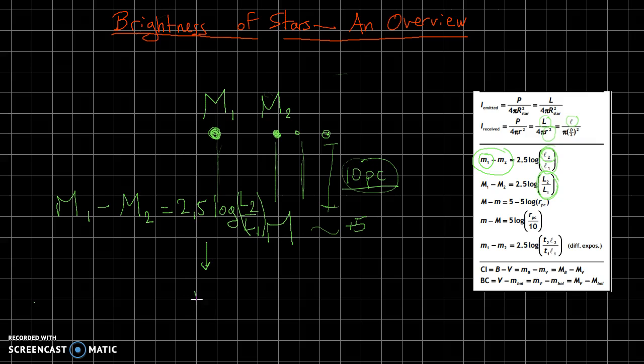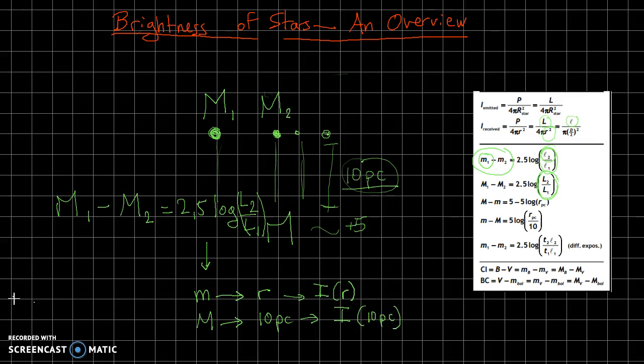So let's define the apparent magnitude to be a measurement of magnitude at a distance r. So that would be associated with the intensity of light at the distance r. The absolute magnitude would be measured at a distance of 10 parsec, therefore corresponds to the intensity of light at 10 parsec.